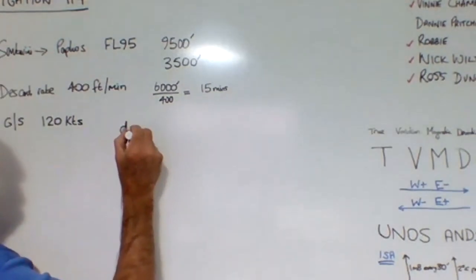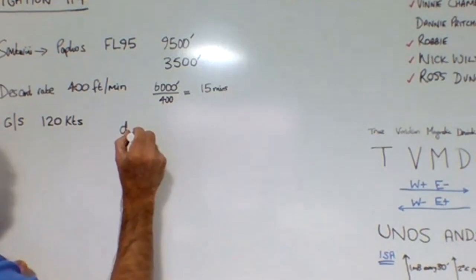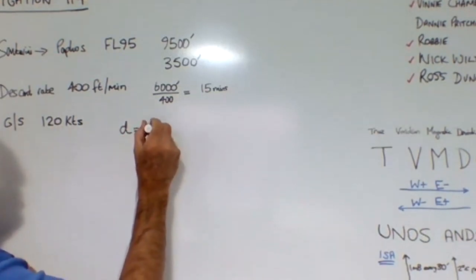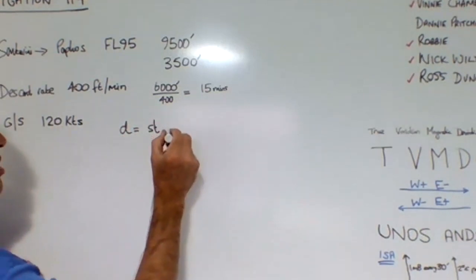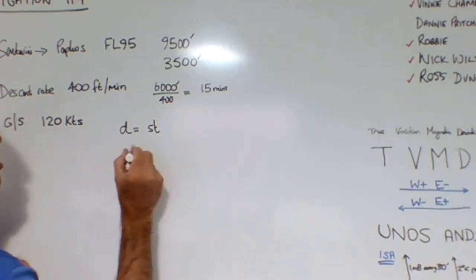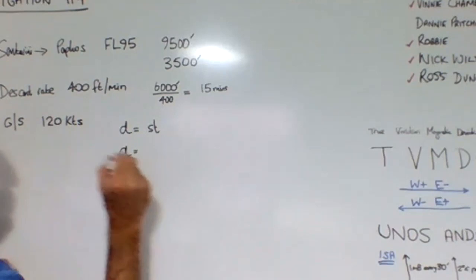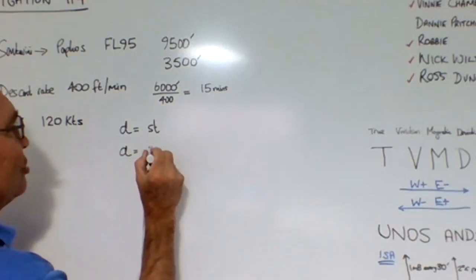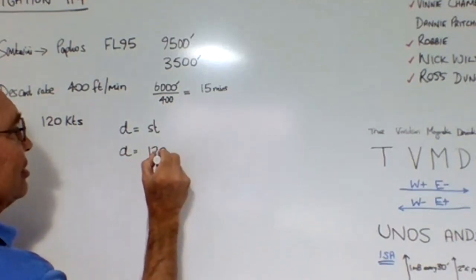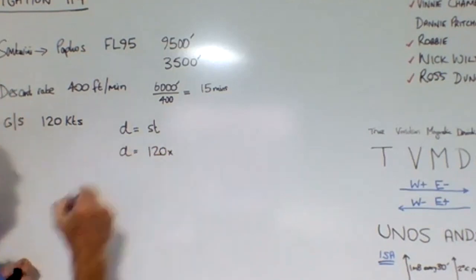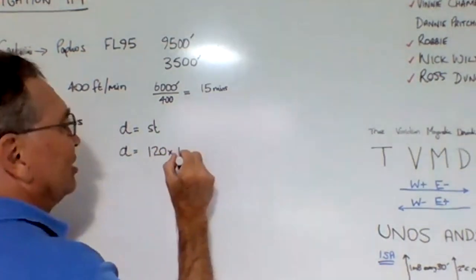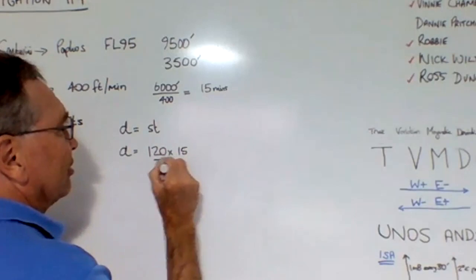The distance equals speed times time. So the distance is going to be equal to 120 times 15 over 60.